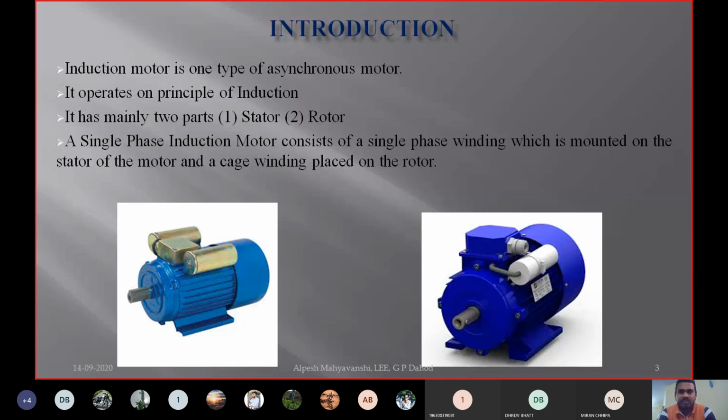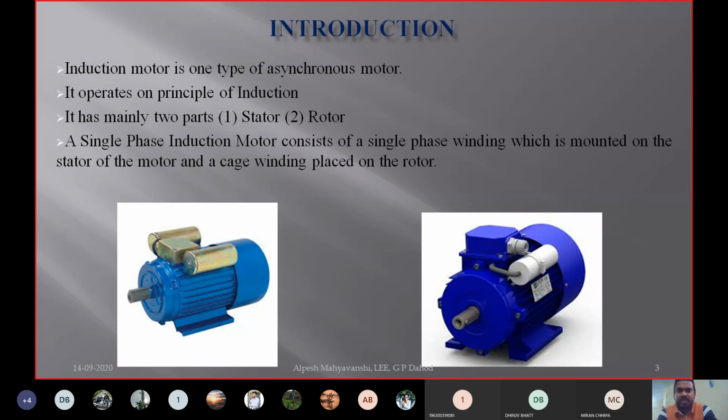That means induction motor never operates on a synchronous speed, and this synchronous speed is ns equal to 120 f by P. This induction motor operates on the principle of induction. Okay, DC motor operates on the principle of conduction, whereas this induction motor operates on the principle of induction.